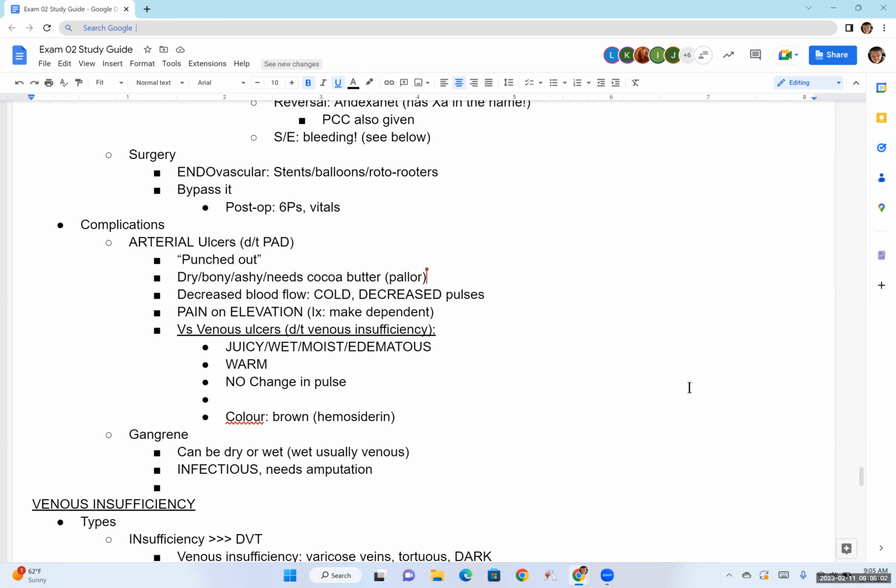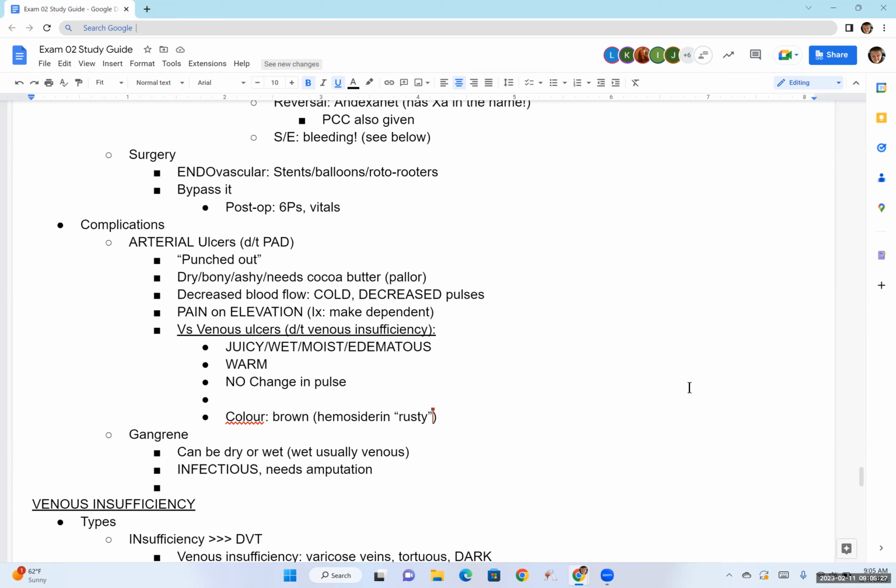Well, they skipped a step, but yeah, hemoglobin. Inside of hemoglobin is iron. Iron is rusty, right? So they get rusty legs, also called hemosiderin. Compared to our arterial ulcers, those ones are going to be just pale. Those can pop up anywhere. It's not necessarily in particular areas.